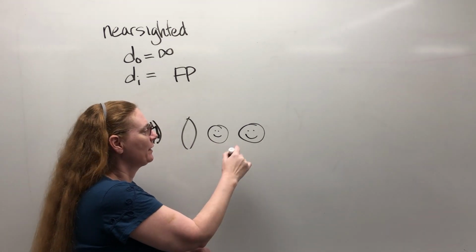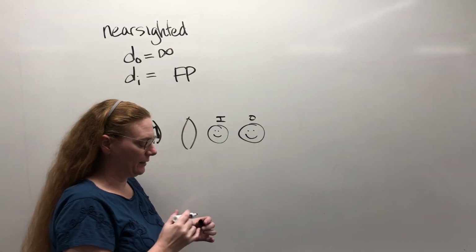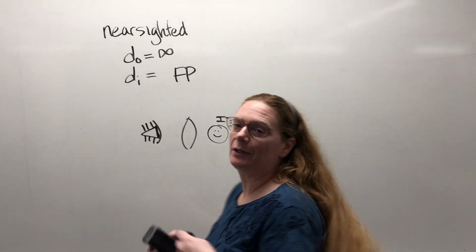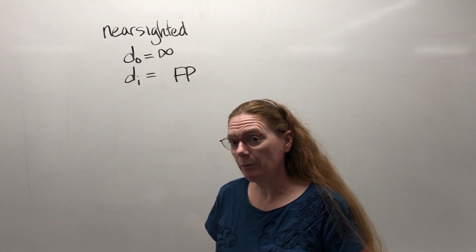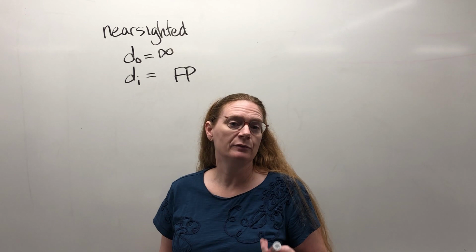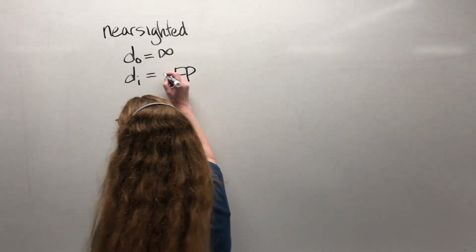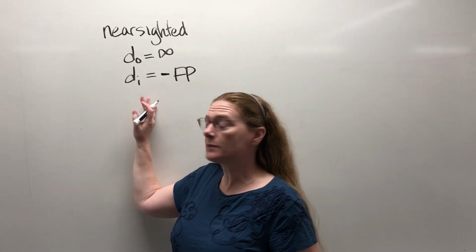So image and object need to be on the same side of the lens. Both of these pieces of information, upright and same side, tell me it's a virtual image. And with the math for a virtual image, what did we have for the sign of DI? An image distance for virtual is negative. So we need to include that. That's really a key for this.